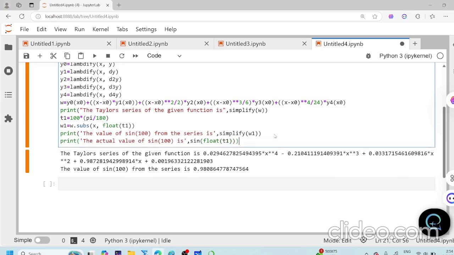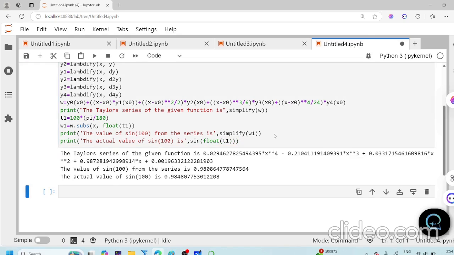Let me check whether we get the output; otherwise, I have to write float of sin. Yes, we got the output, 0.98480. See, there is a small difference, 0.9808 and 0.9848. So we get only the approximation of the given function, not the exact value, except in an interval of short length.